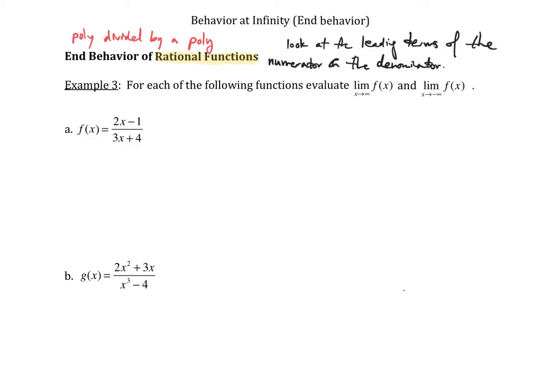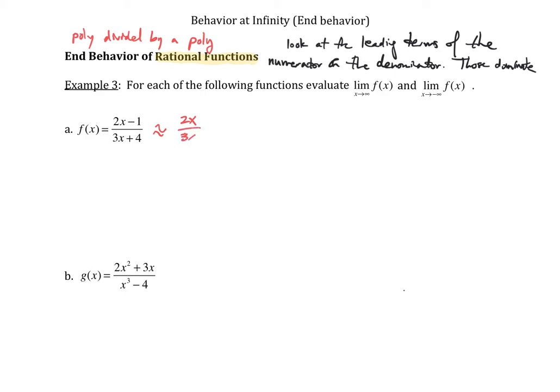Those dominate. For example, if I look at the leading term of my function f of x, the biggest power is x, so the leading term is 2x. Similarly, the leading term of the denominator is going to be 3x.